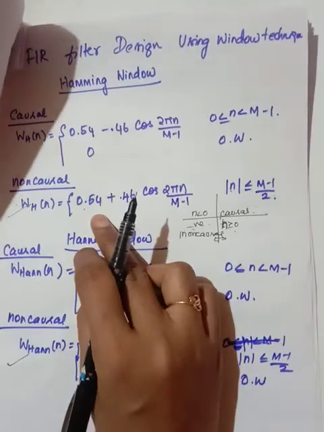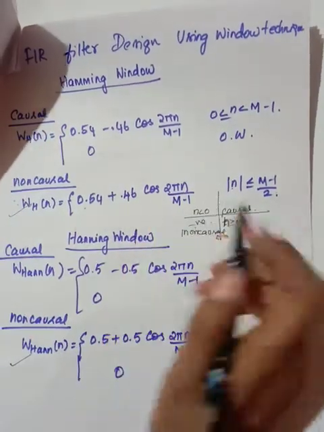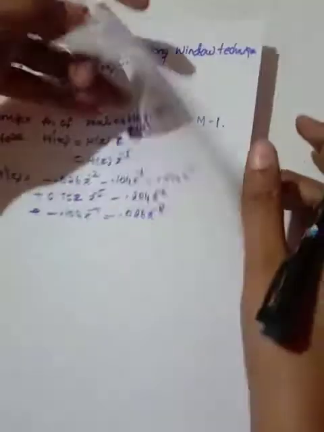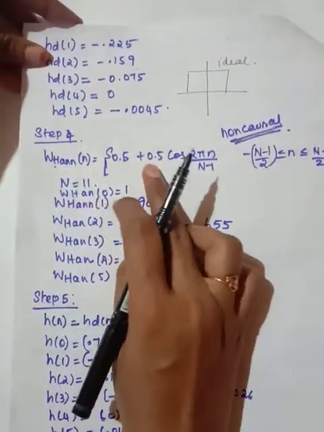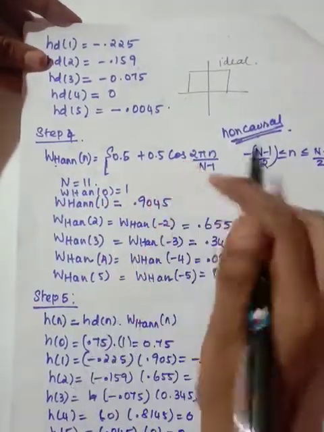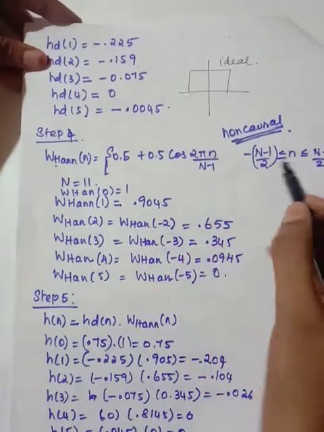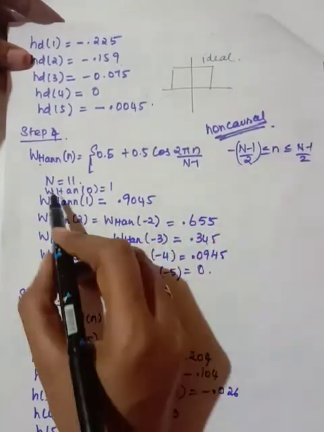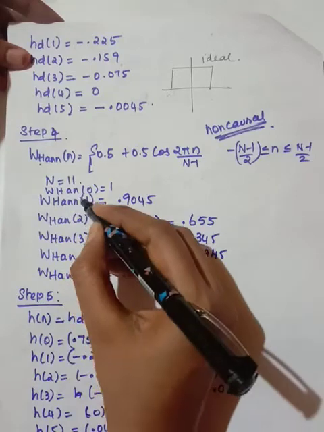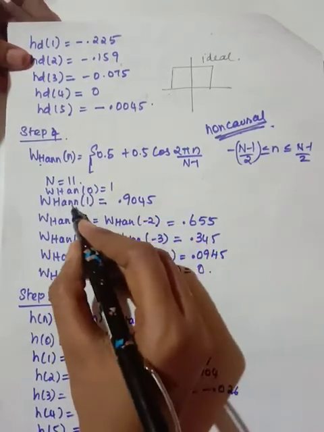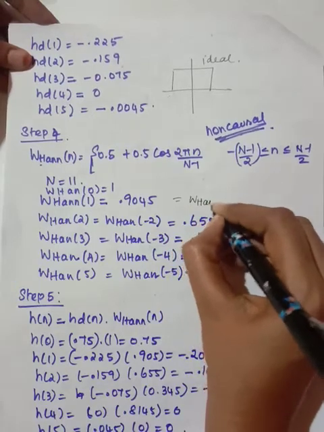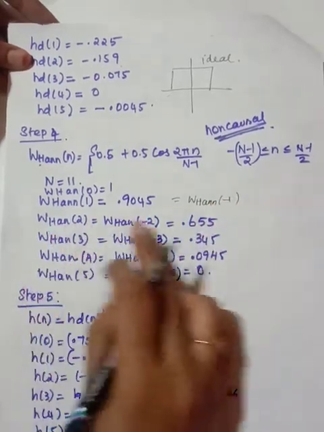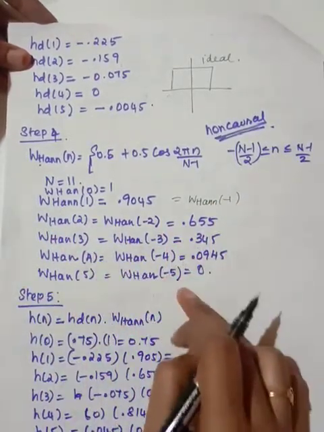This is the Hamming window and this is the non-causal sequence, so I am going to select this equation: 0.5 + 0.5 cos(2πn/(N-1)) in this range. Here N is equal to 11. So w_Han(1) is equal to w_Han(-1), and w_Han(2) is equal to w_Han(-2). These values you will obtain.